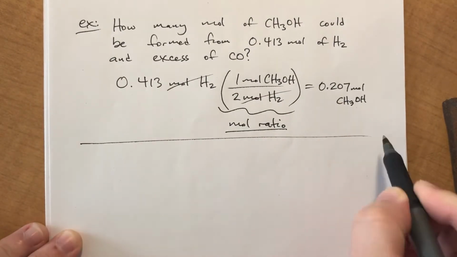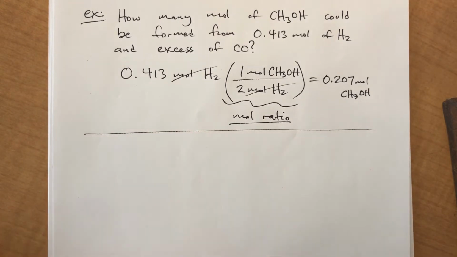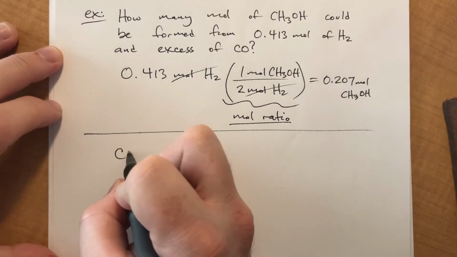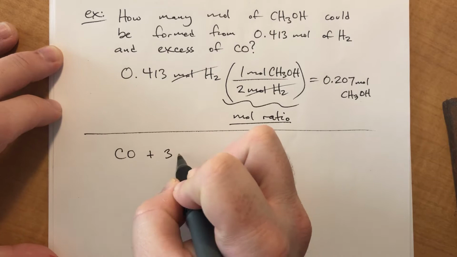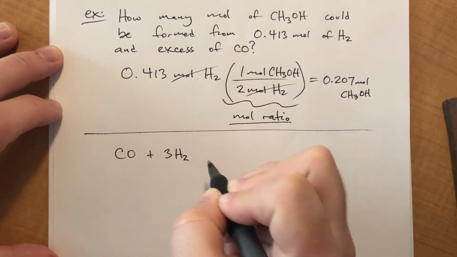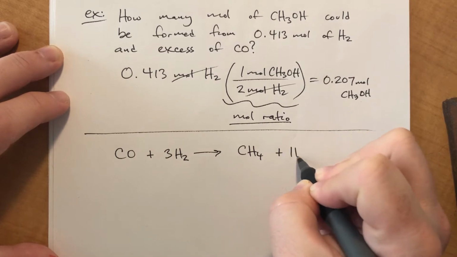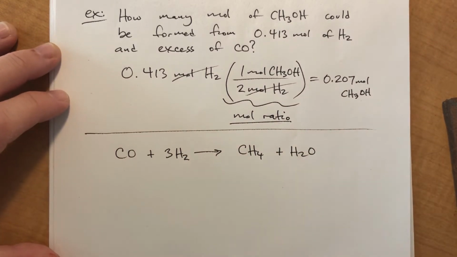Okay, so let's try an example. Let's say we have this equation: CO plus 3H2 forms CH4 and H2O. Already balanced.